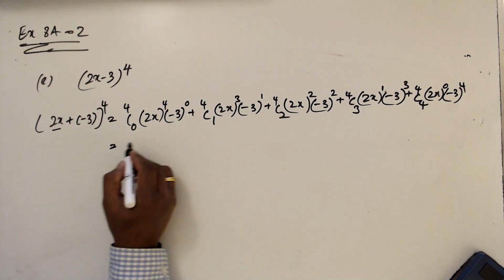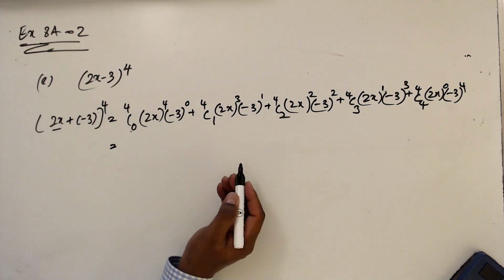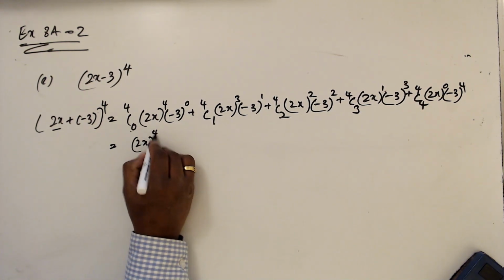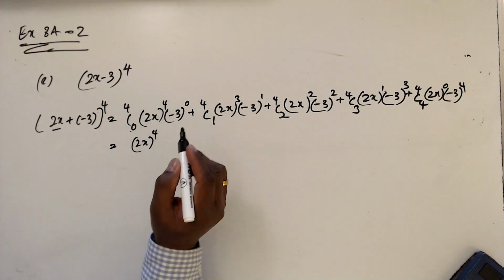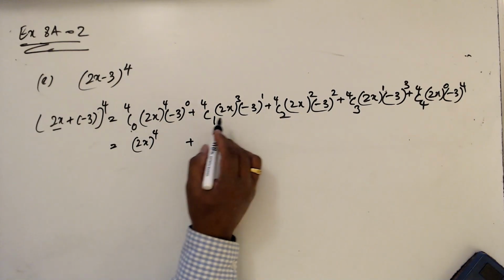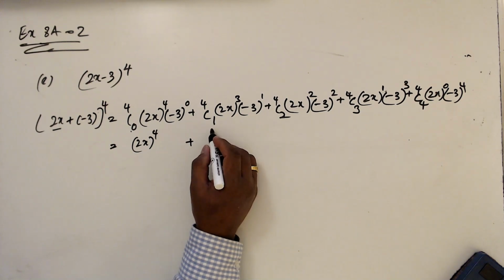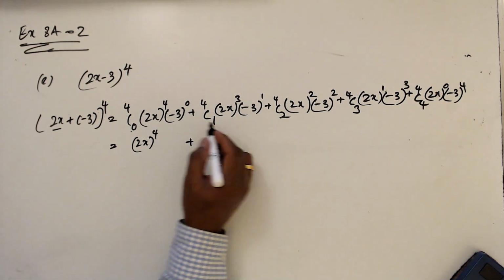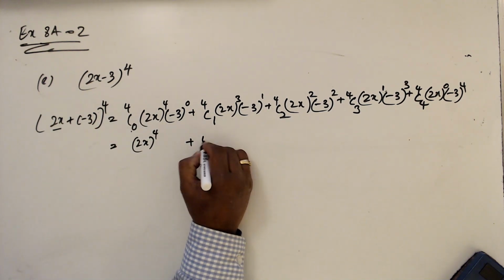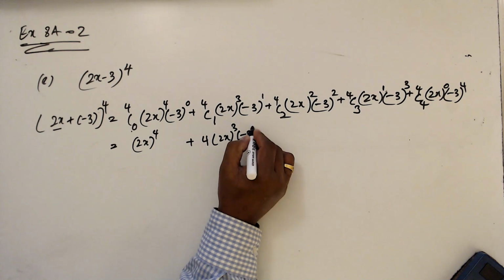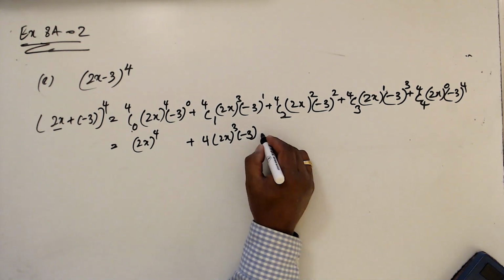So this is going to be, we know 1 always, so 2x to the 4 minus 3 to the 0. So that's left as it is. We know the second one also has this one, 4 times 2x cubed minus 3 to the power 1.